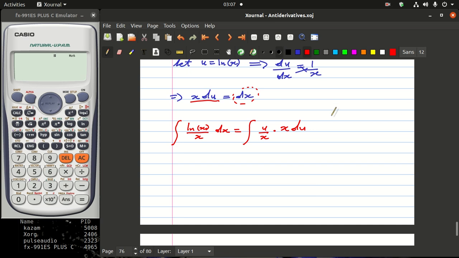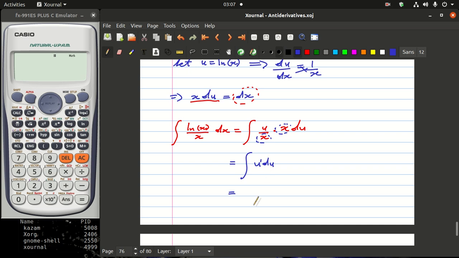Looking at this x and that x, they cancel each other, and this whole thing is now going to be u du. Now the next thing is, what is the antiderivative of that?